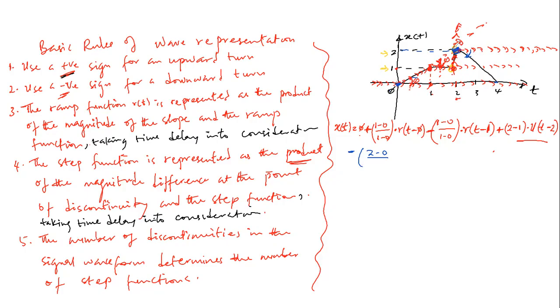The rotation is taking place at this point 2. So 2 minus 0, then times the ramp function itself, that is t, and it's taking place at this point 2, from t equal to 2. And now this goes on and on.